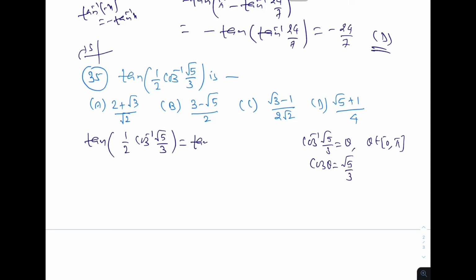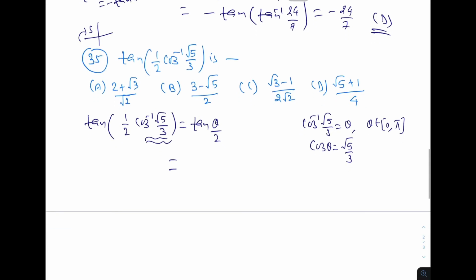This is equal to tan of, now this one is theta, so theta by 2, and we can use the standard result of tan square theta equal to 1 minus cosine 2 theta over 1 plus cosine 2 theta.